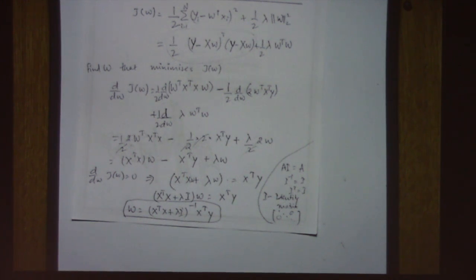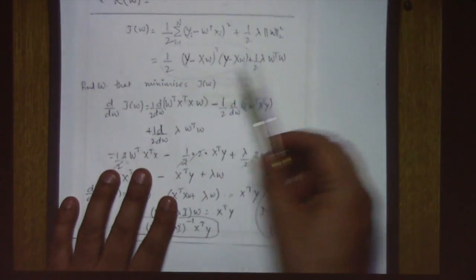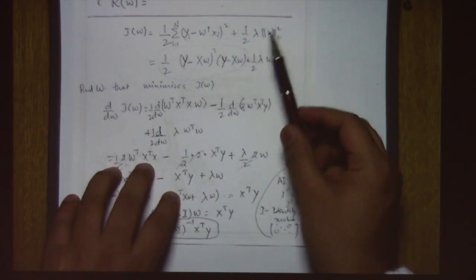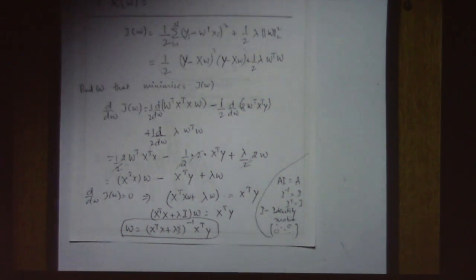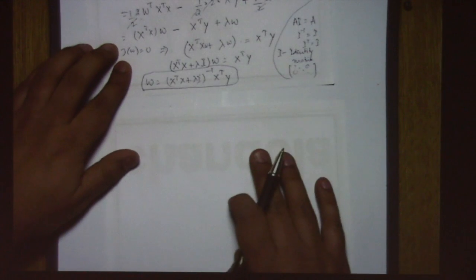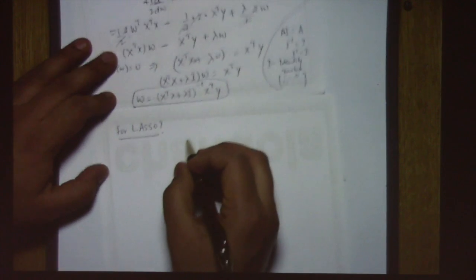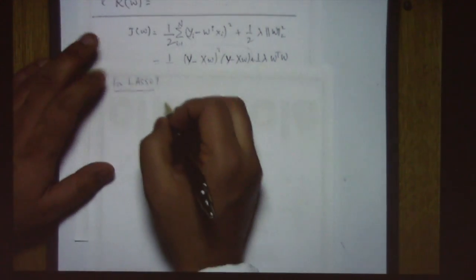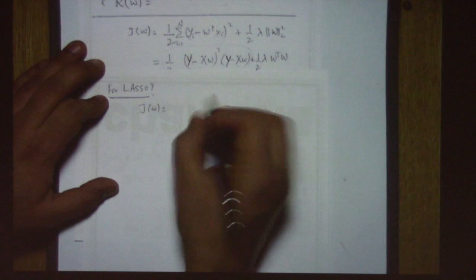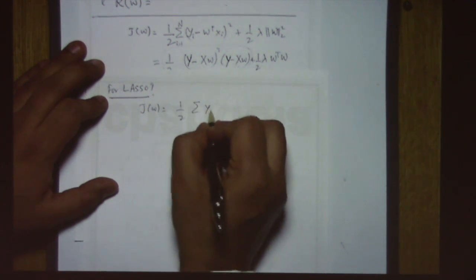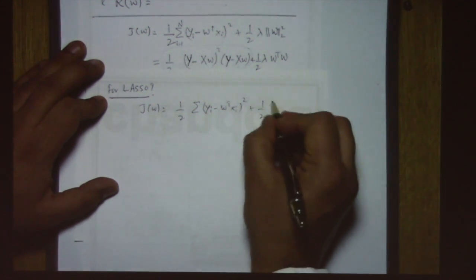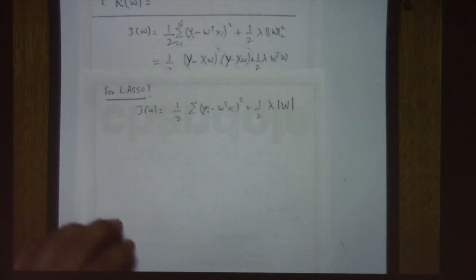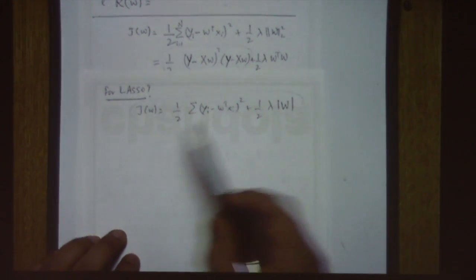It turns out that if you come up with any other regularization, so if instead of this you put lasso, you would have to do this in a different way. So let's say for lasso, your J(W) is half of this thing plus half of lambda times the absolute value of W. Now if you want to find the W, you'll have to differentiate this.